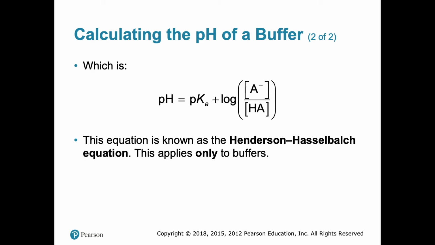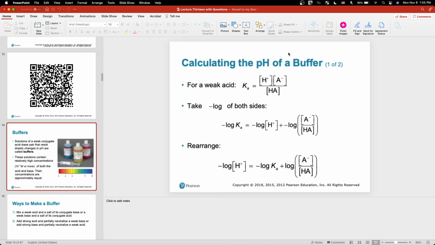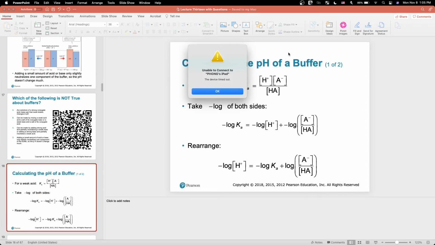I'll give you a hint by going backwards. If pH is the negative log of the hydronium ion or the proton concentration, what does pH mean? What does the P mean?